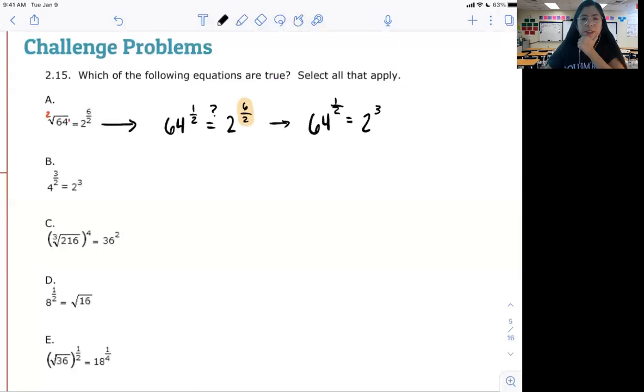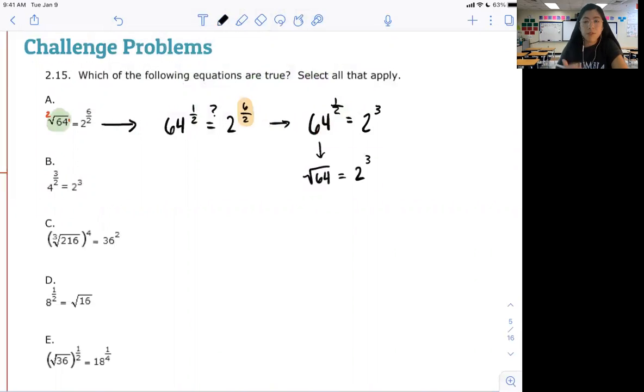From here, what else could I do? Remember, you can always flip back into a radical or keep things as a fraction. Flip it back into a radical. Yeah, I think that would be a good idea because remember we started with this, the square root of 64. Can you actually do the square root of 64? Yes. What is the square root of 64? 8.